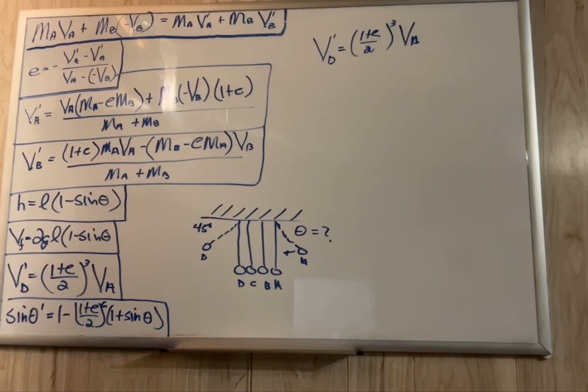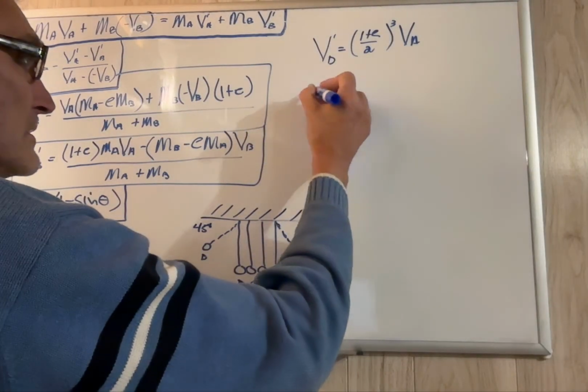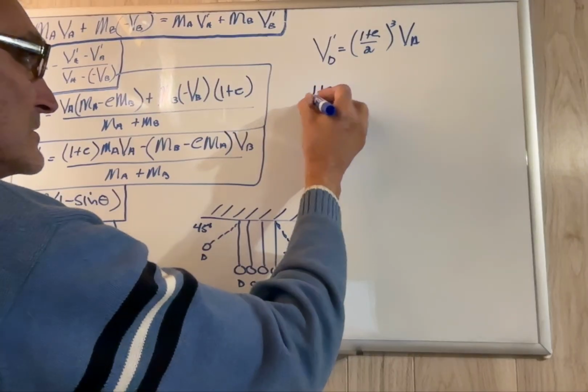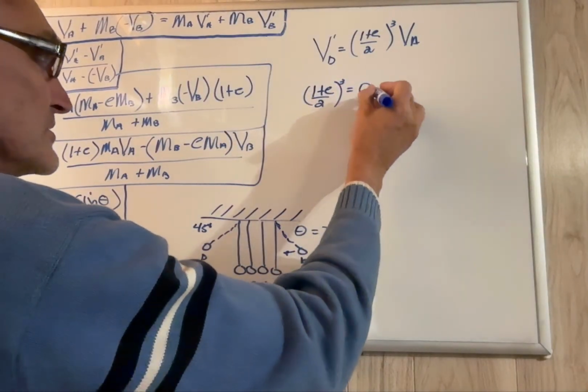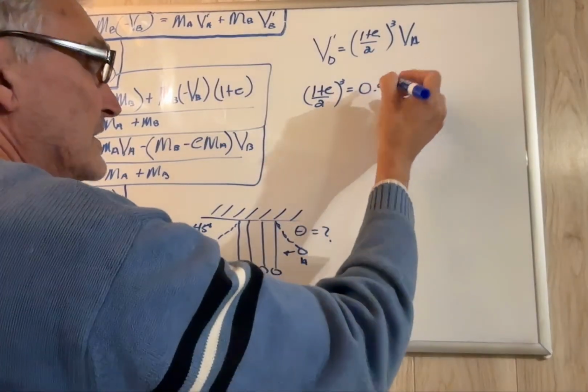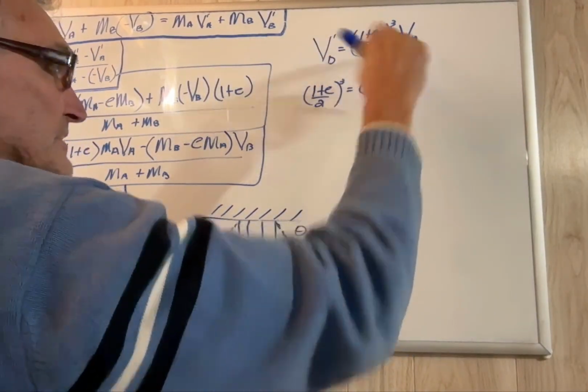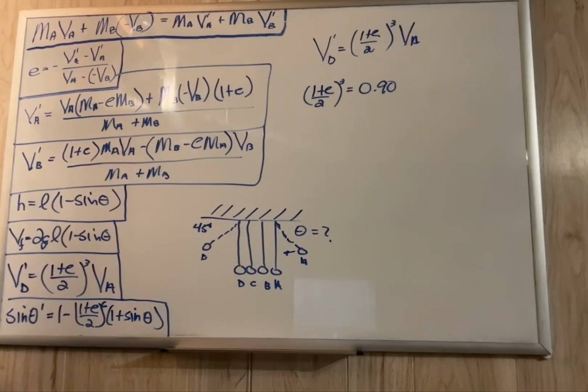So as in the last video, we say, hey, well, that means that (1 plus E divided by 2) cubed is going to have to be equal to 0.90, because D is 90% of A.